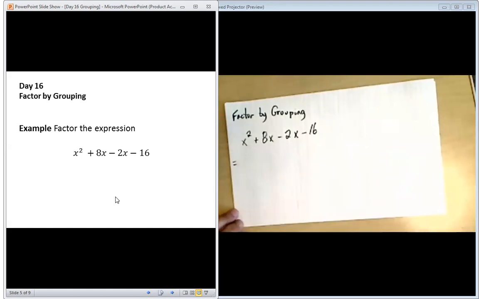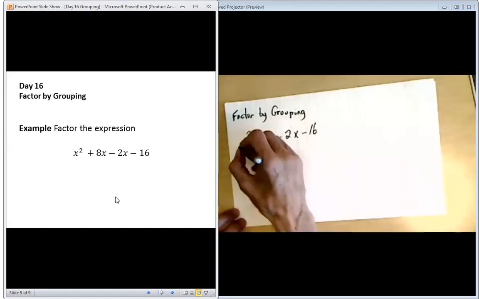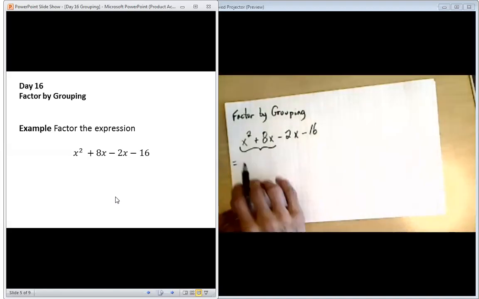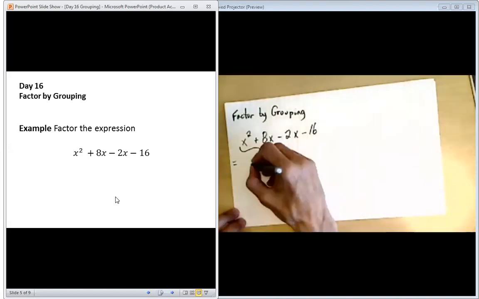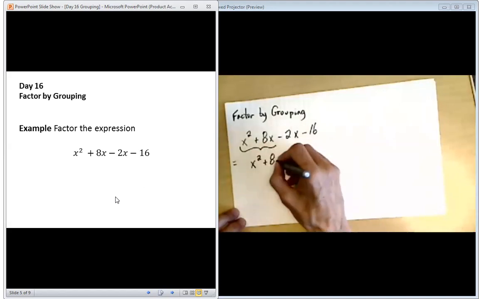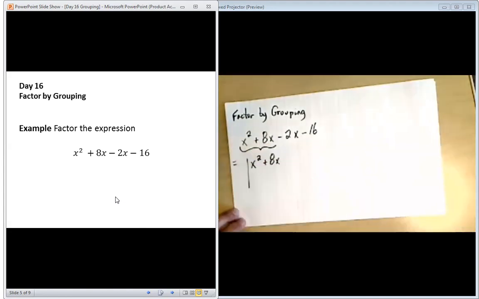All right, so what do we do with the first 2 terms? We're going to do them separate, yeah. So we're going to look at those 2. So we get the GCF, right?